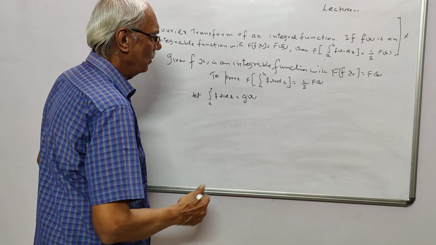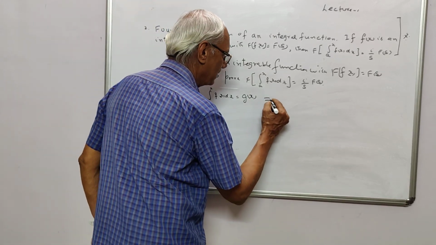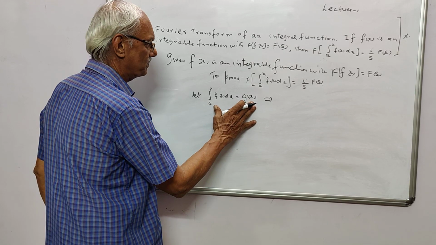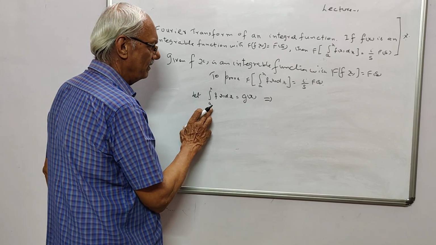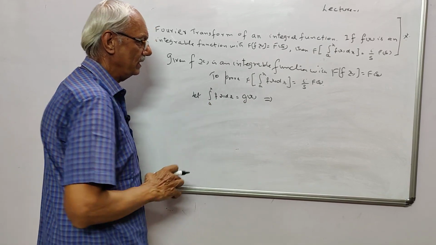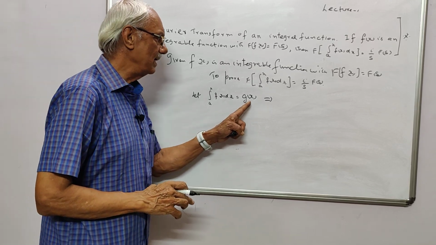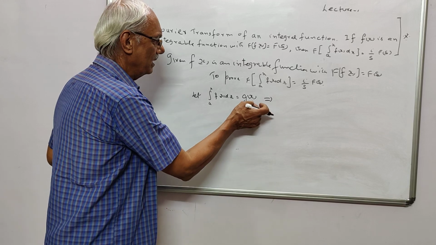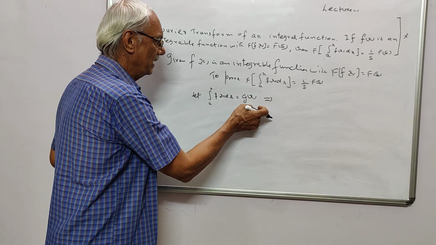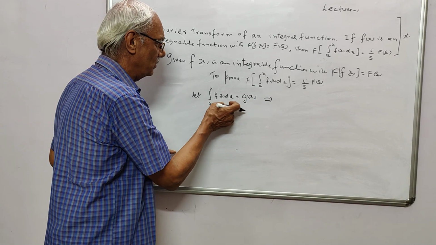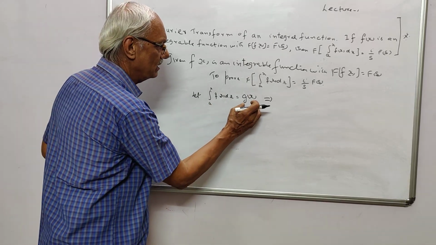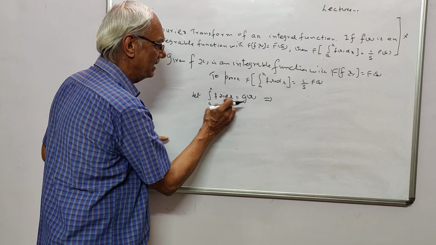Now this implies that when you take the derivative of this with respect to x, this integral will go off. You will get f of x. Can you catch what I am telling you? So if you take the derivative of this, dg by dx is equal to f of x. When you take the derivative of this, you will get this function.